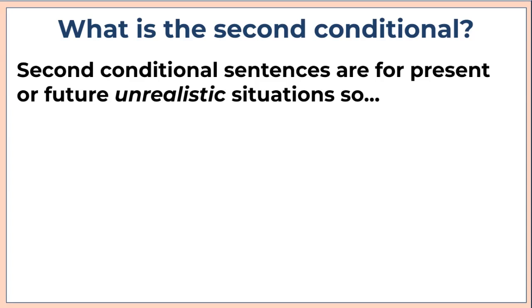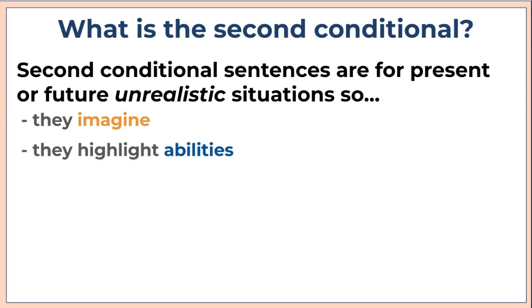But second conditional is a little bit more fun because we're talking about unrealistic situations or situations that are less likely to happen. So, for example, we imagine what we would do in these unrealistic situations. We look at what we could do, what we would be able to do, or what might be possible in these unrealistic situations.